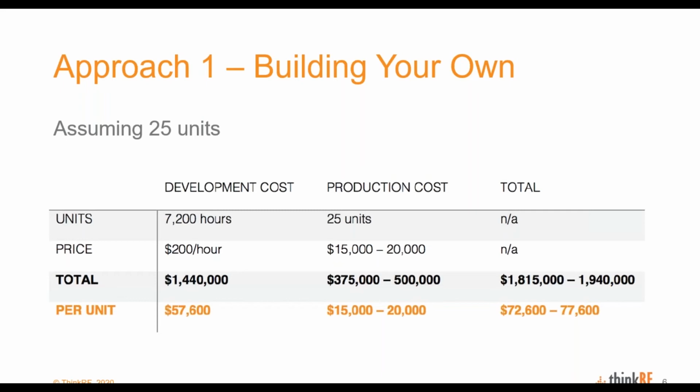What comes out of that is a bunch of development costs associated with the units, and the total cost there is somewhere between, depending on the scenario you take in terms of the price, 1.8 and 1.9 million, so approaching $2 million overall, and that works out to a per unit basis of somewhere between 72.5K to 77K per unit.